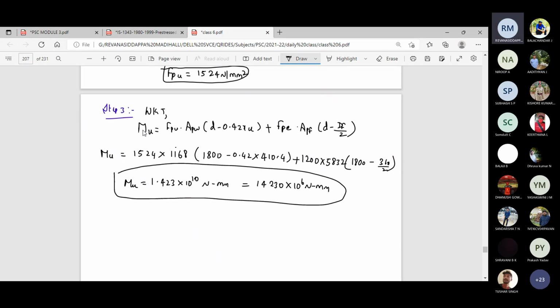In terms of kilonewton meter, Mu is equal to 14230 kilonewton meter. So this is the final answer.